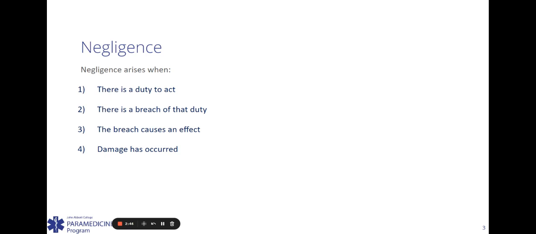For example, if the paramedic's mistake resulted in further harm to the patient, then there is a cause and effect relationship. Lastly, the fourth point is damage. So damage has occurred. The harm that breach has caused must result in actual damage, such as a physical injury or a financial loss.